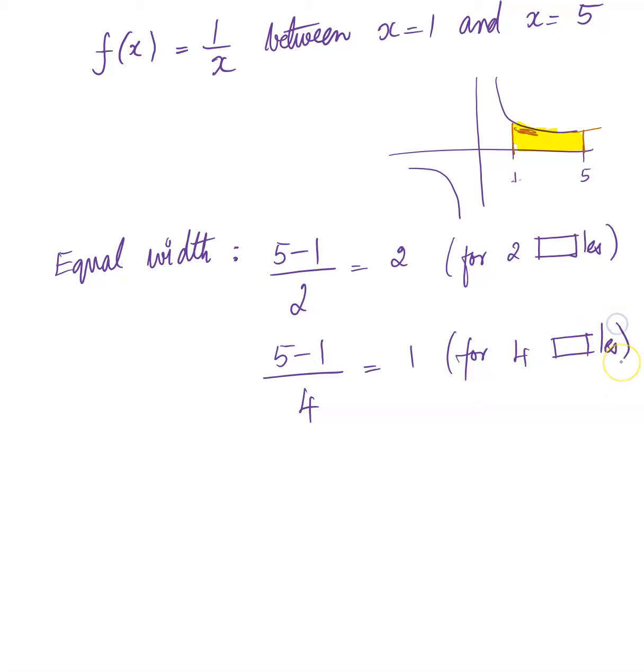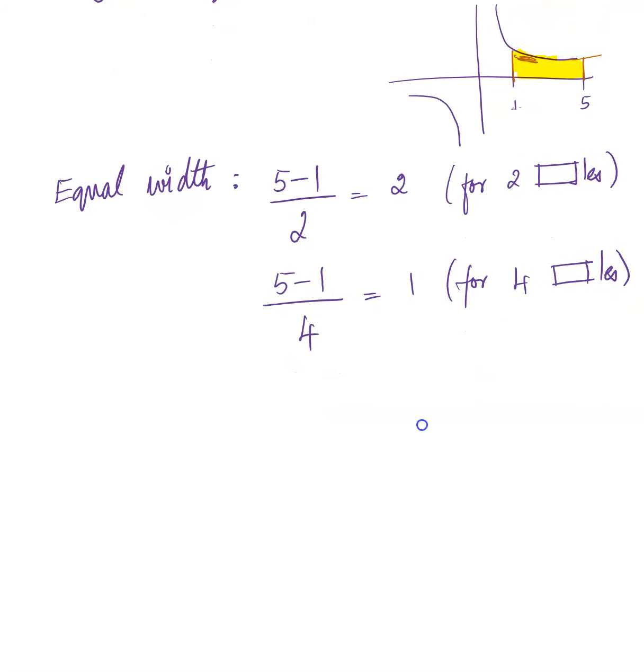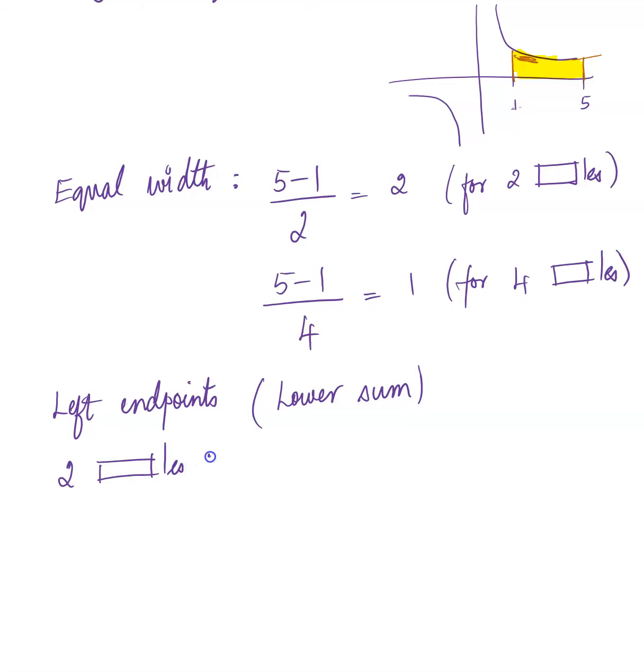So before I do A, B, C, D, I compile my details here so it's easy for quick reference. Then the left end points will be considered for lower sum. So for 2 rectangles, the left end point, you're going to divide this interval into 2.